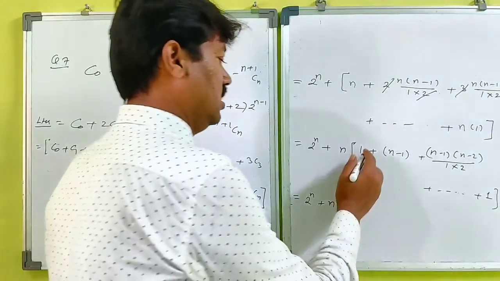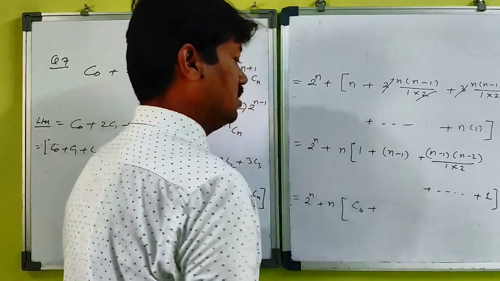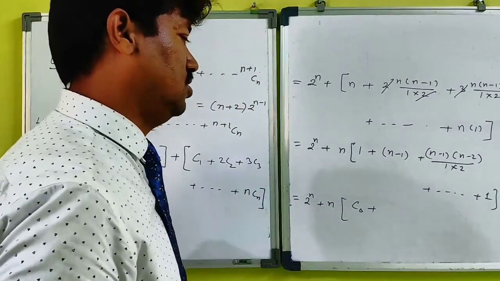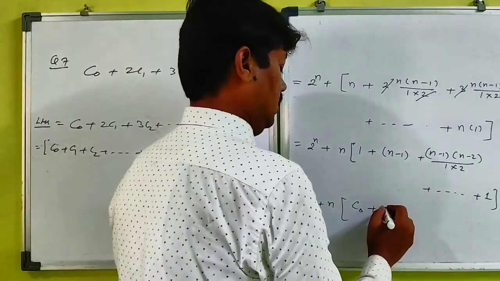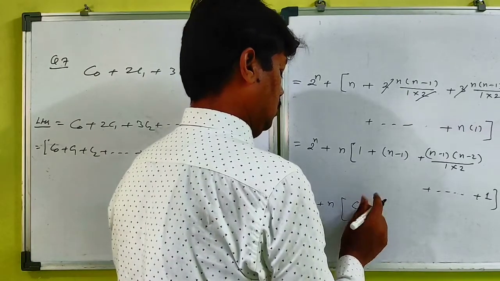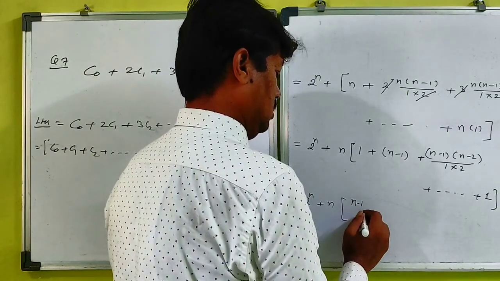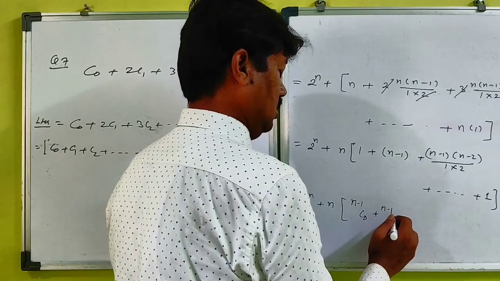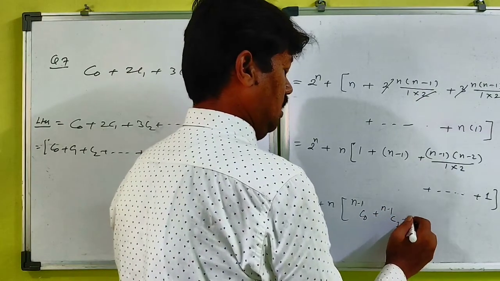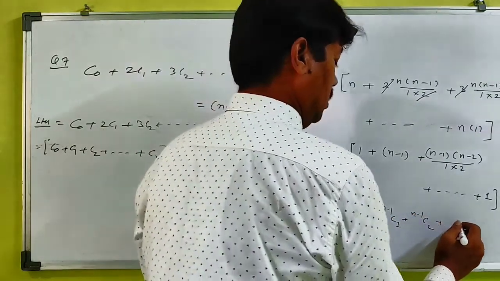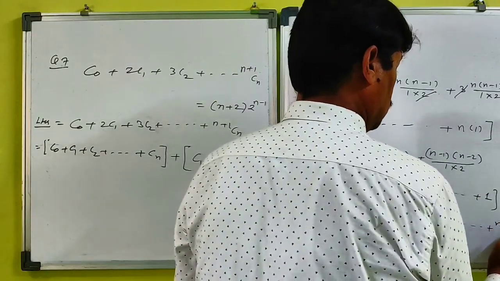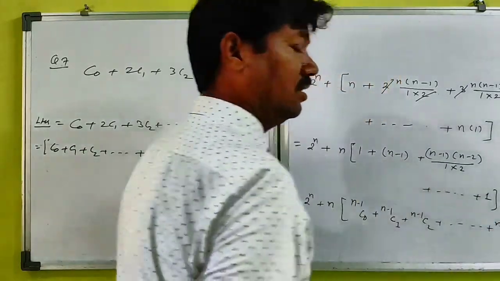We can say it is (n minus 1)C0 + (n minus 1)C1 + (n minus 1)C2, the last one being (n minus 1)C(n minus 1), like this.